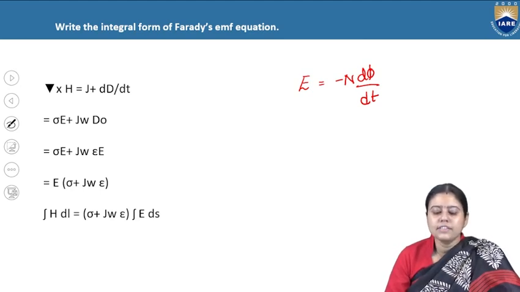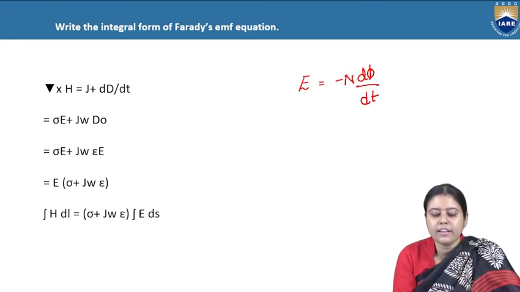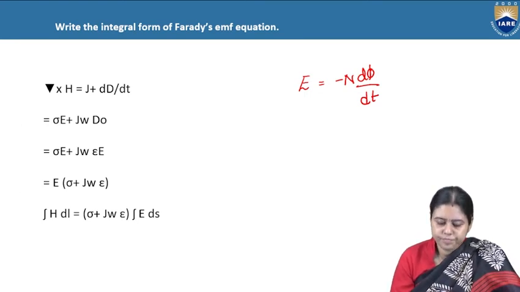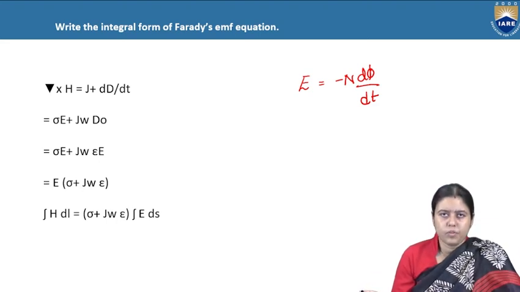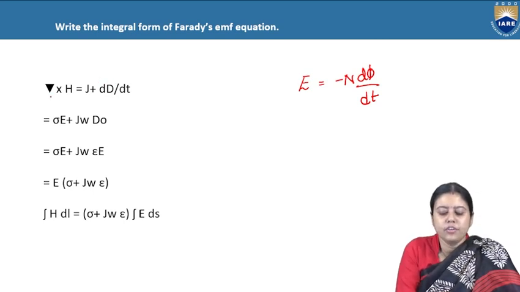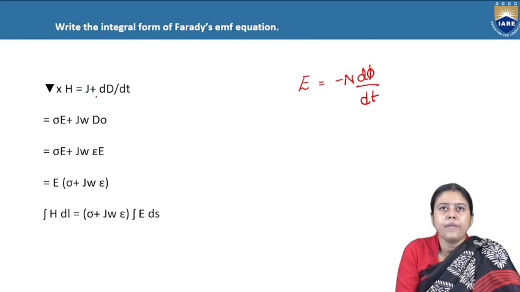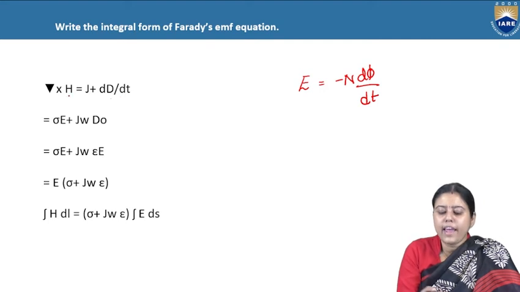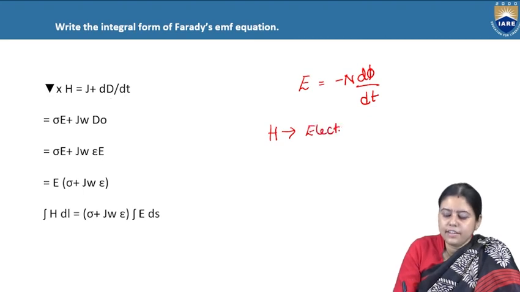So we are just changing it a little, and we can write it for the electromagnetic field. So grad cross H is equal to J plus dD by dt. So what is H? H is known as the electromagnetic field intensity.